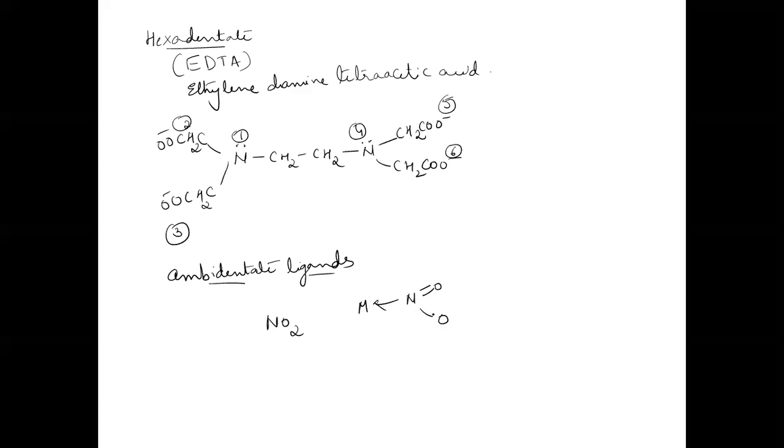It has 2 sides, but only one of them acts as a donor atom at a time. Thereby it can coordinate with the metal atom from either side depending upon the conditions. Such a ligand is called an ambidentate ligand.